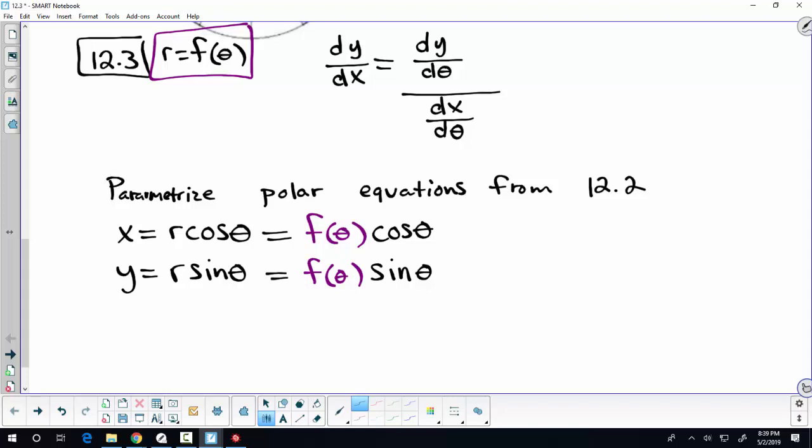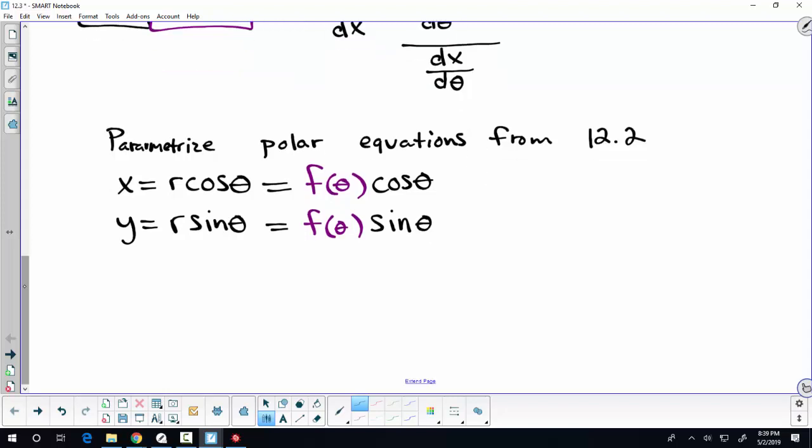So to take the derivative, now that we've parameterized it in terms of our parameter theta, we just have to take the derivative of y with respect to theta and divide that by the derivative of x with respect to theta. In terms of theta, the product rule is what we're using here.